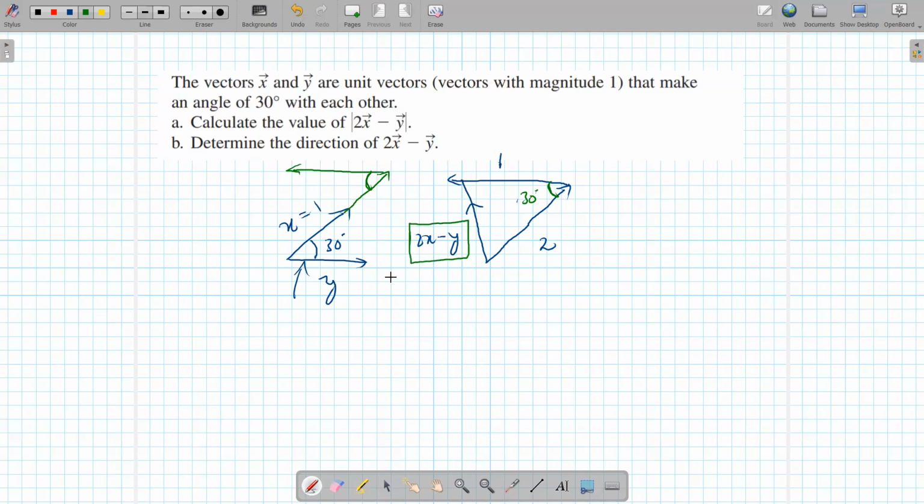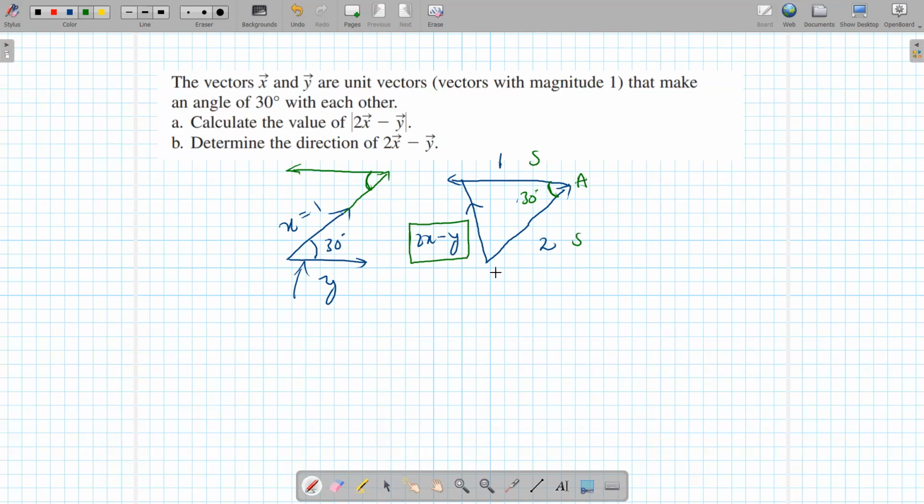How do we find it? Is it sine, cosine, tan, SOHCAHTOA, Pythagoras? Side, angle, side. The Pythagoras is out. It's not a right angle triangle.